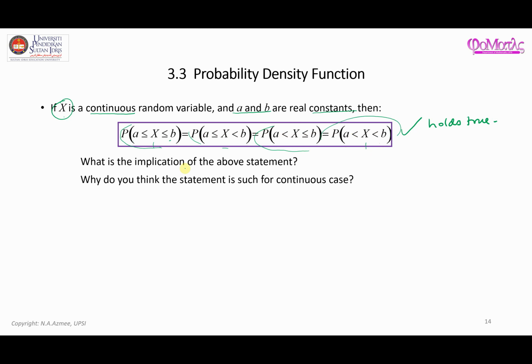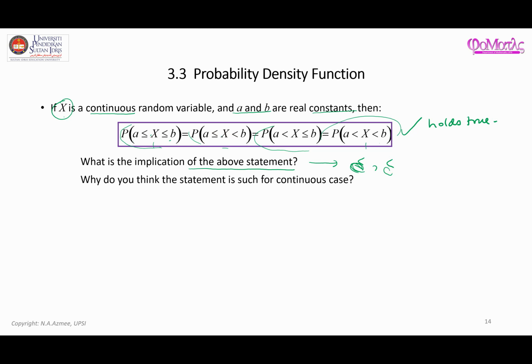Now, what is the implication of the above statement? Based on it, we can see that the sign somehow doesn't really matter. For example, you can have either greater than or equal to, or greater than. Whether we include the equal sign in this inequality doesn't really matter.